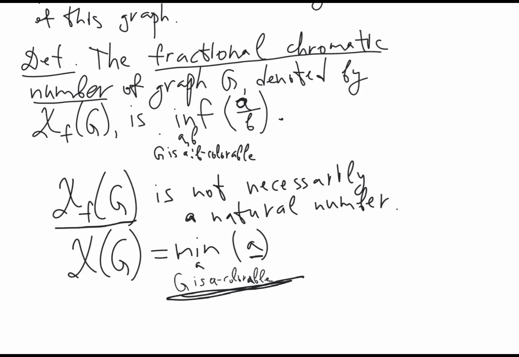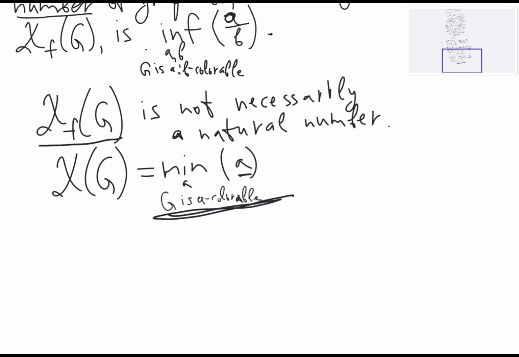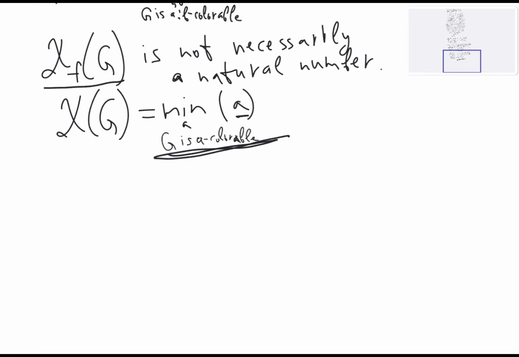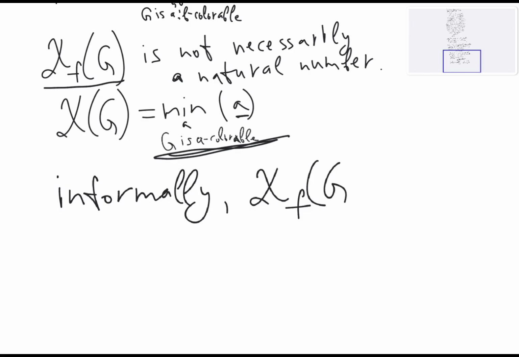So in a way, it is some number such that the graph is colorable fractionally with these parameters A and B. And so informally, this fractional chromatic number of G is the minimum fractional number of colors.